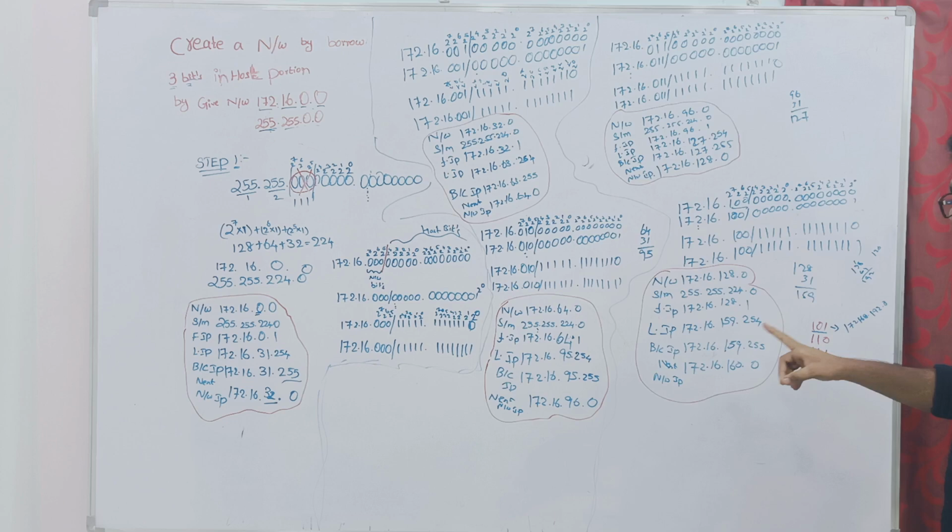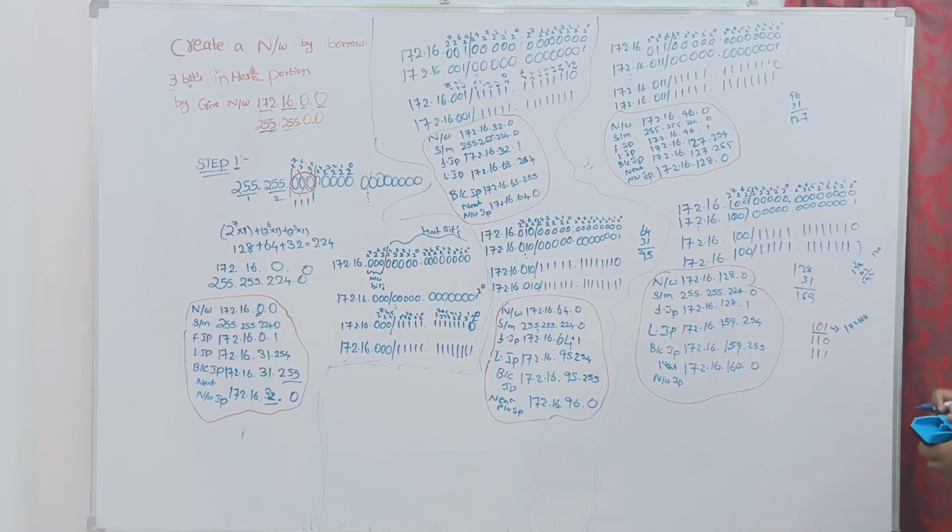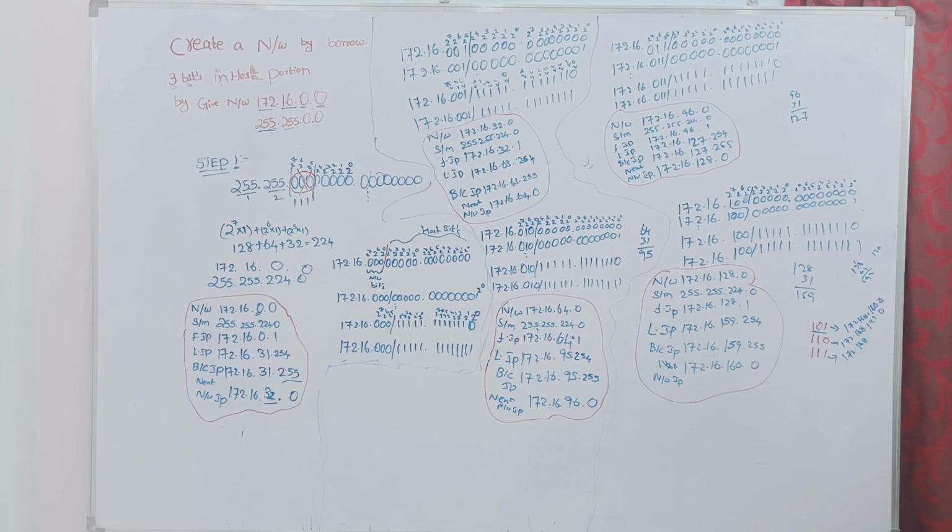So you have to find this one, 160.0, and here this one, 172.16.192.0, and then 224.0.